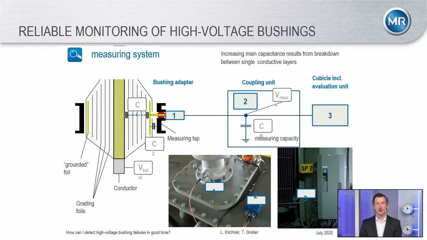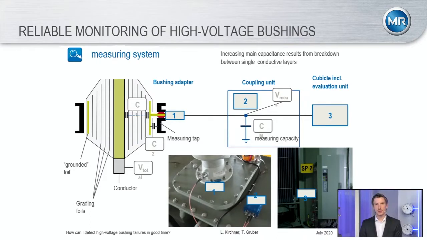So what does the measuring system look like? If you look on the left side of the slide, you will see again the bushing, or how a condenser bushing looks. You will have the C1, the main capacitance of the bushing, and then directly on the test tab, you can screw in a bushing adapter.